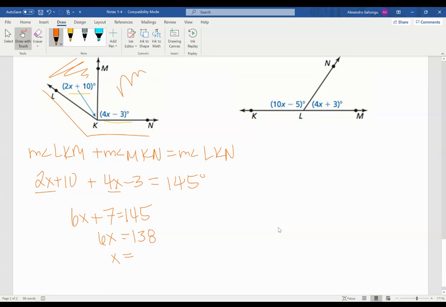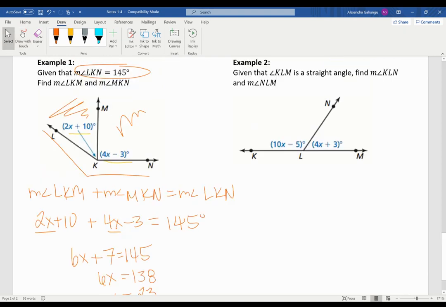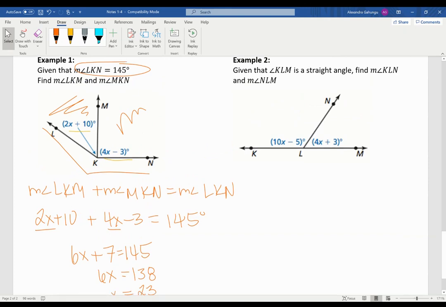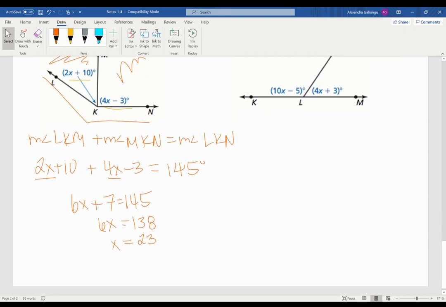I'm going to divide both sides by 6 and get 23. Now, we found x, but the original question asked, find the measure of LKM and the measure of MKN. So that means I plug in x to find both.